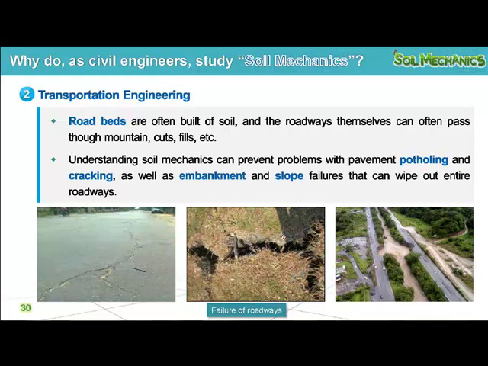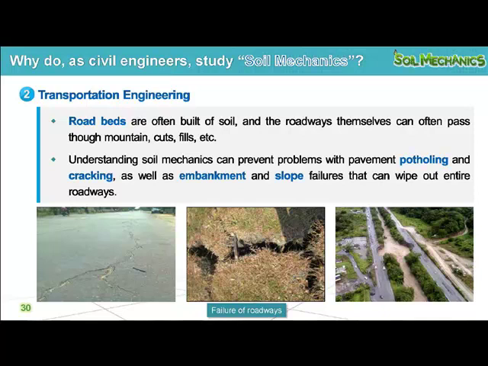We need to investigate, study and understand the soil beneath the roadway or under the pavement before we construct the roadway. We need to do testing to know the parameters or properties of the soil. Is it swelling soil or shrinking soil or what?